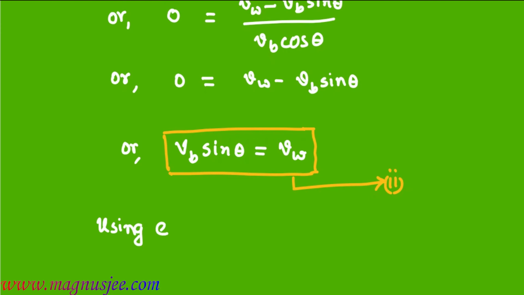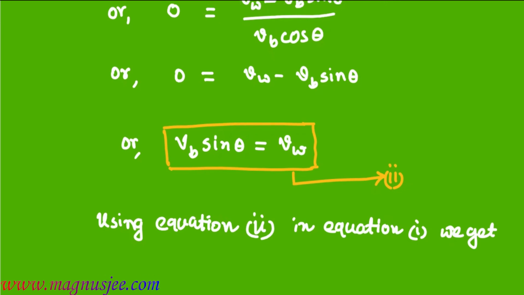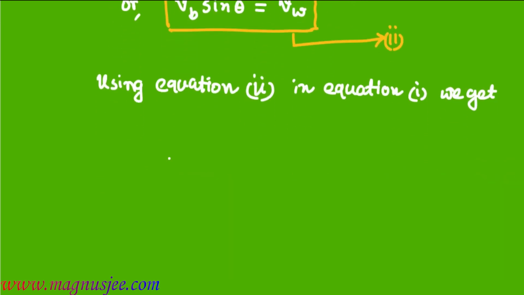Using equation 2 in equation 1, we get VBW equals root over VB square plus VW square minus 2 VB sin theta.